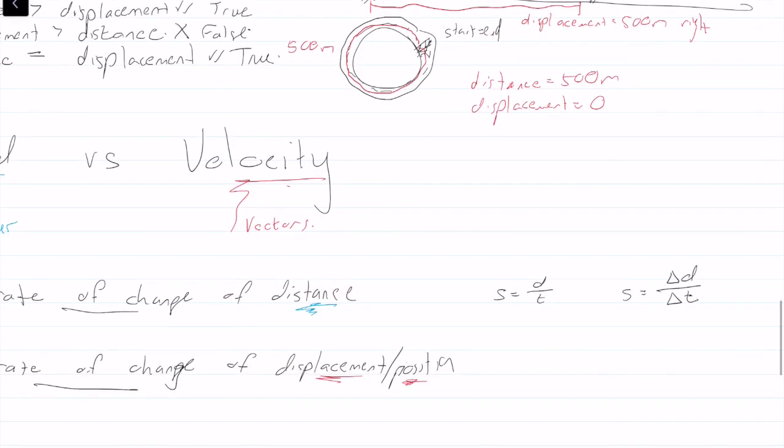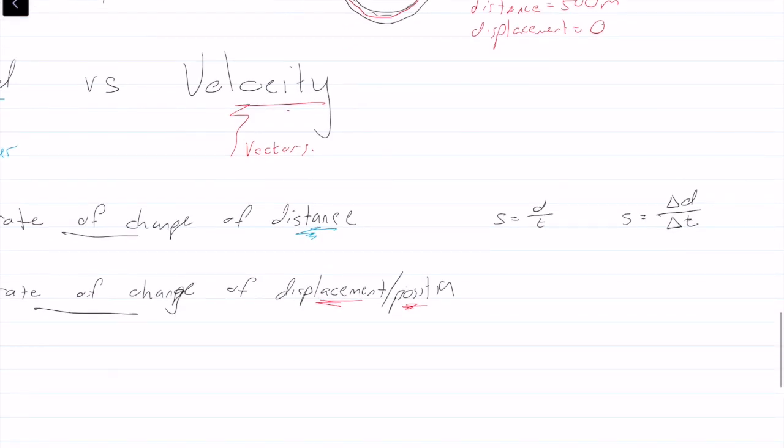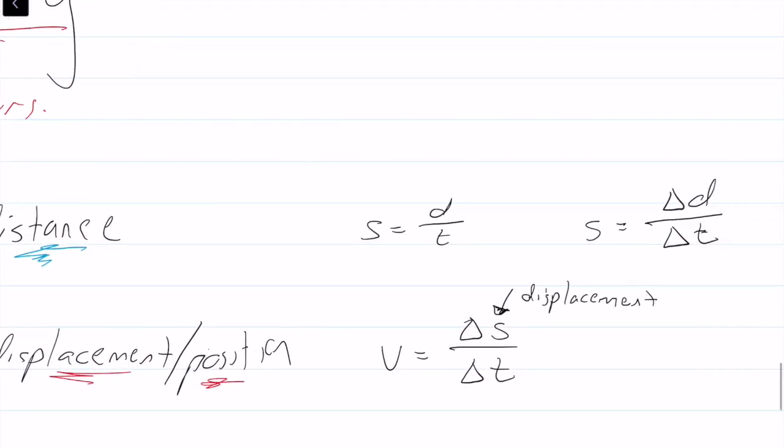Whereas if we look at velocity, velocity is equal to the change in displacement over the change in time. Don't get confused by this S. This is our symbol for displacement. So velocity is the change in displacement over the change in time.